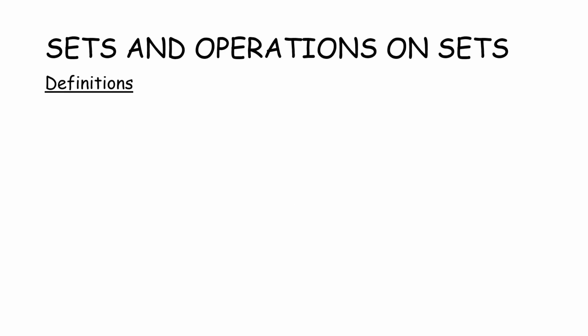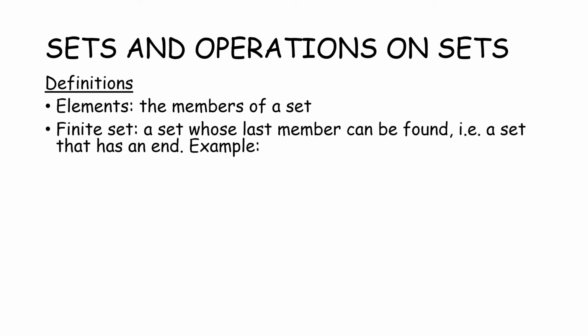There are some useful definitions that you need to know under this topic. The first is elements. The elements of a set simply refers to the members of a set. This is what makes up the set. Then we have the finite set. A finite set is a set whose last member can be found. That is, the set has an end.